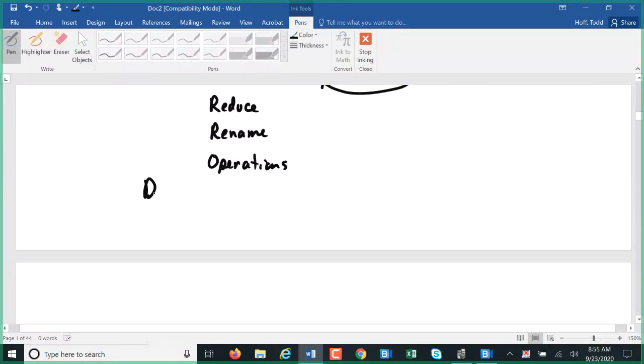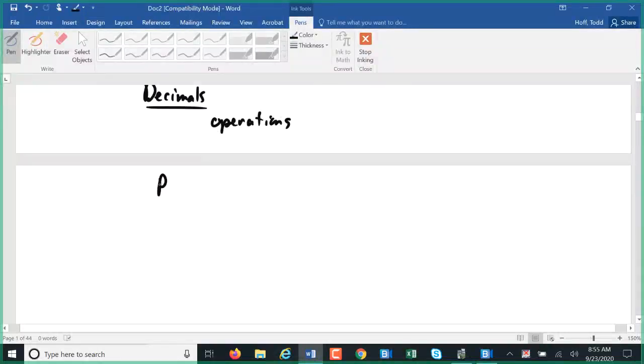Decimals. The same laundry list. Convert decimals to fractions, fractions to decimals. Do operations with our decimals. And percents.